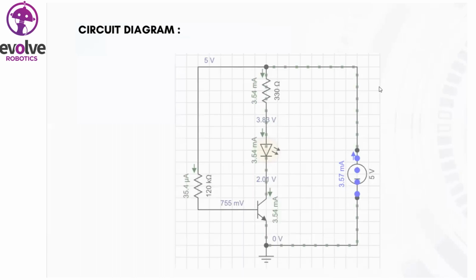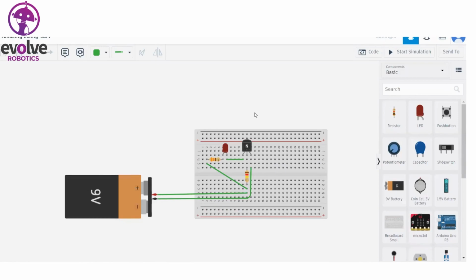I designed this circuit diagram in Tinkercad software, and now we can simulate the circuit and see what is happening inside it. To save our time, I designed the circuit on a breadboard. This is the transistor having three legs: collector, base, and emitter.